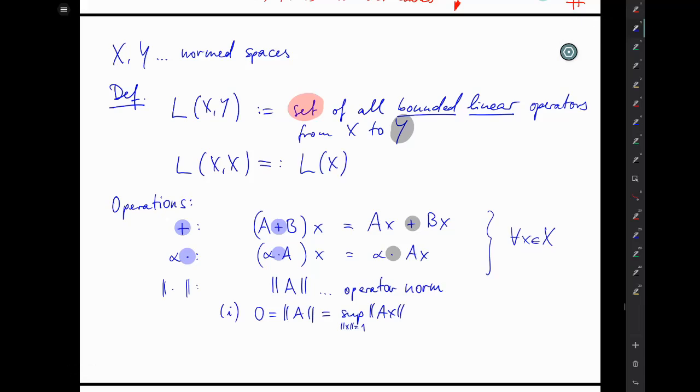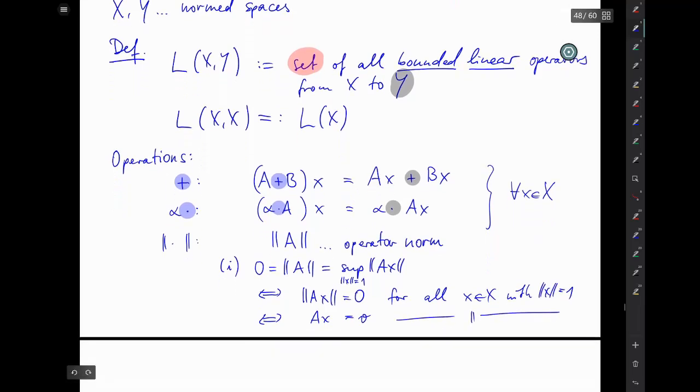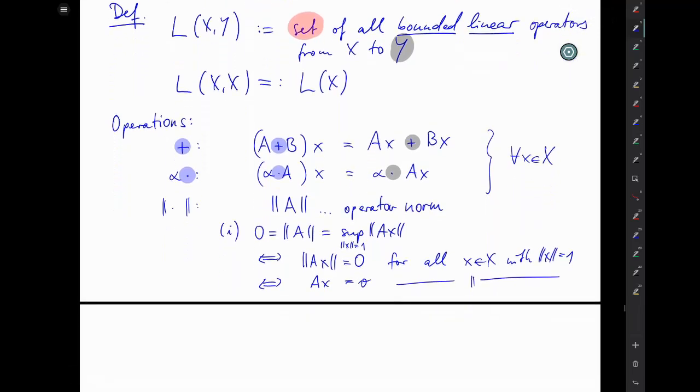But of course that's the case if and only if the norm of Ax is 0 for all x's in X with norm of x equals 1, which of course means that all of these Ax's are the zero vector of Y. Okay, and now you can just multiply by any little alpha, so that on the left then you get arbitrary x's, and on the right you still have the zero vector.